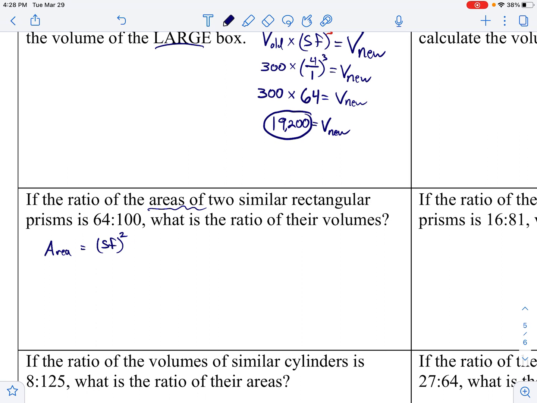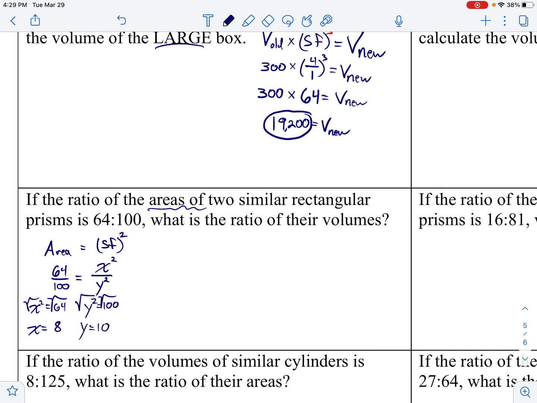So if my area factor is 64 over 100, I need to be able to think of some number that times itself equals 64 and some number that times itself equals 100. So I could say, okay, x squared equals 64. Take the square root of both sides, and I get x equals 8. y squared equals 100. Take the square root of both sides. y equals 10.